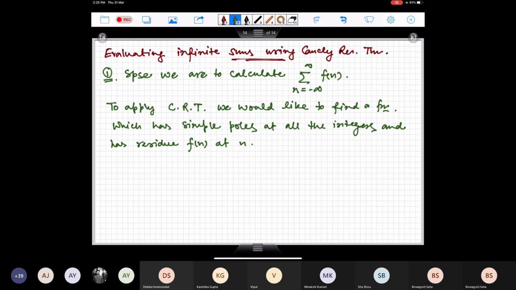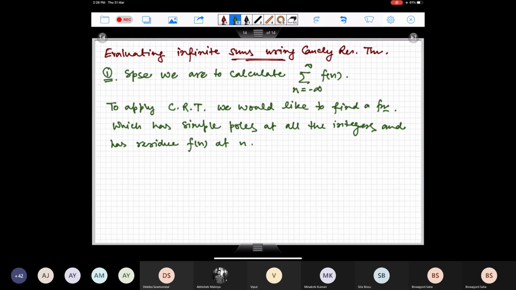That will be the basic idea: n is the point where I have some singularity, and there the residue comes out to be f of n. So if you apply the Cauchy residue theorem, you're just going to get some 2 pi i times the sum of the residues, and thereby you will get this sum of f of n.